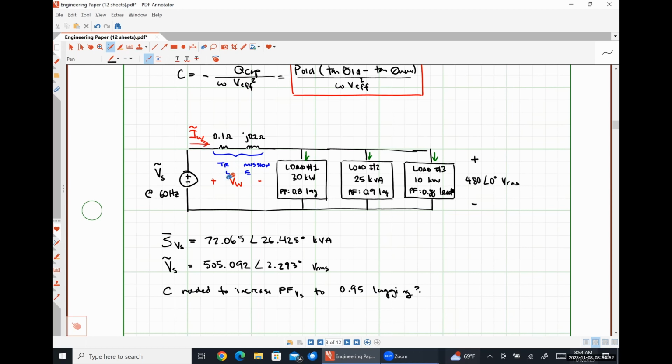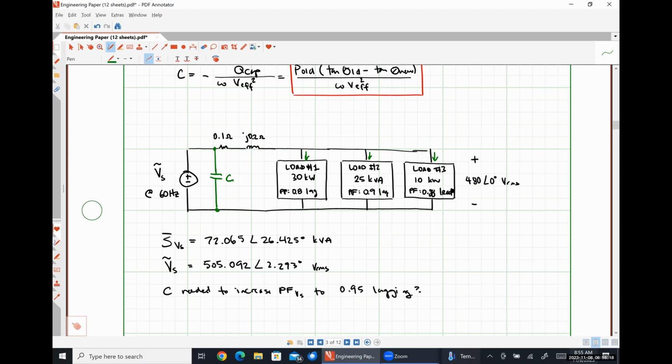All right, so one other thing really quickly that I'm going to do here is I'm just going to illustrate where our capacitor is placed in this system. So since we are correcting the power factor at which our voltage source operates, we just want to place our capacitor directly in parallel with our voltage source, right?